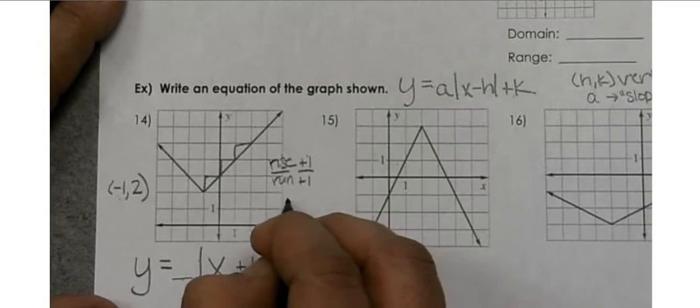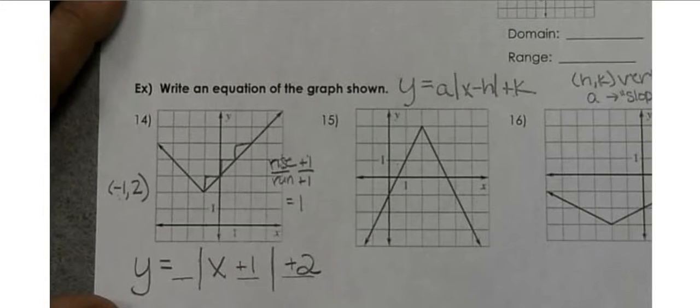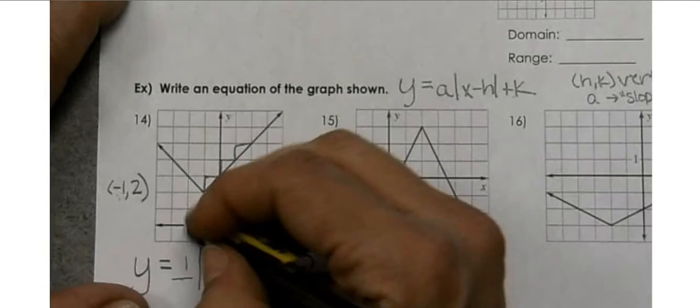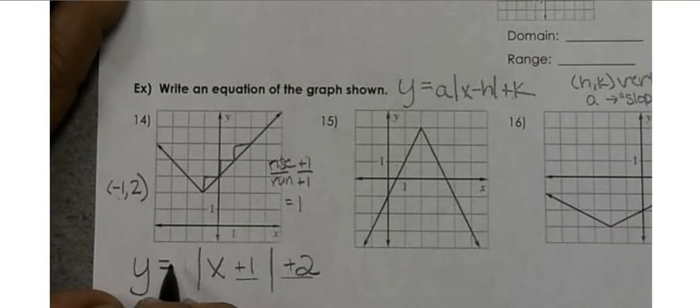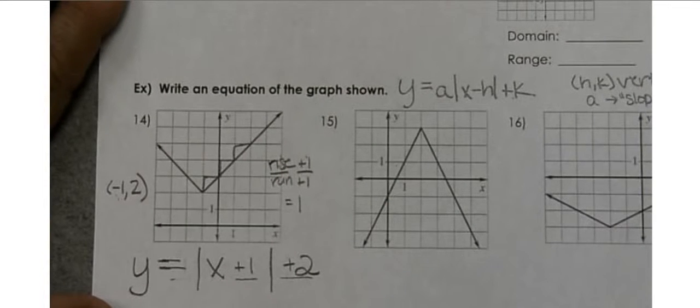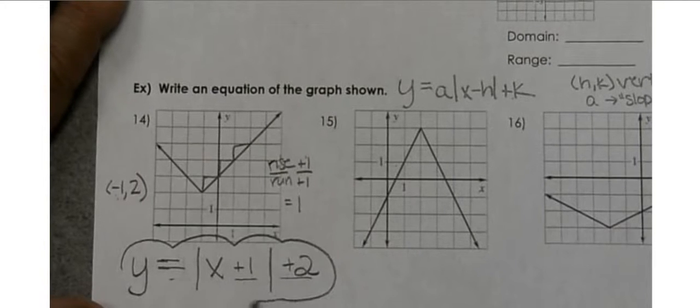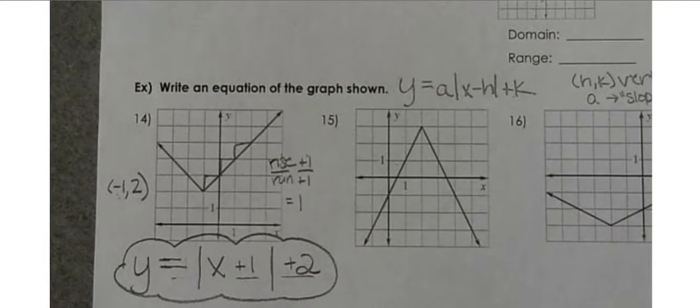And that just gives us 1. So we could put a 1 here. But remember, this is multiplication, so we don't really have to put a multiplication by 1. So that's our answer: y equals the absolute value of x plus 1, plus 2.